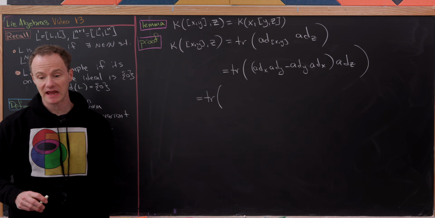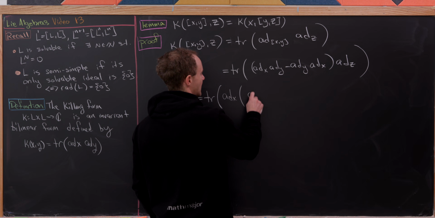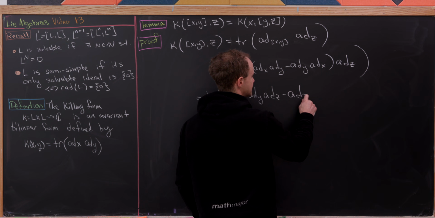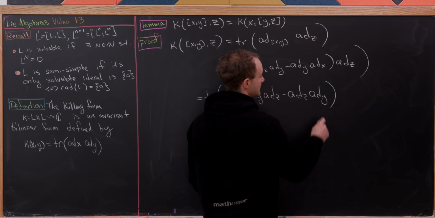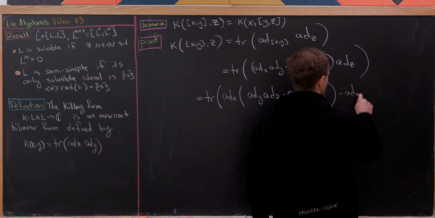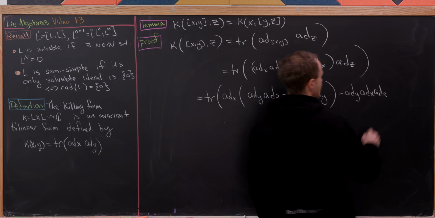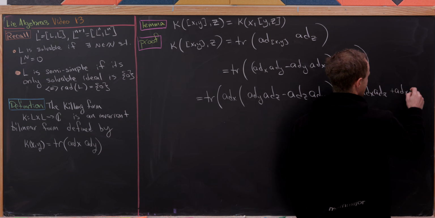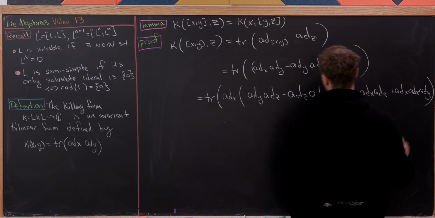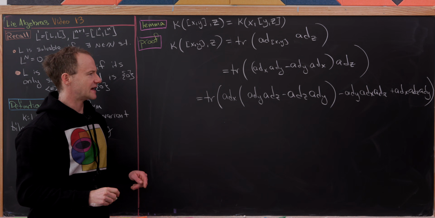So this is the same as the trace of ad x times ad y, ad z, minus ad z, ad y. And then after that, we have minus ad y, ad x, ad z, and then plus ad x, ad z, ad y. Okay, nice. So let's see what term we added and subtracted.